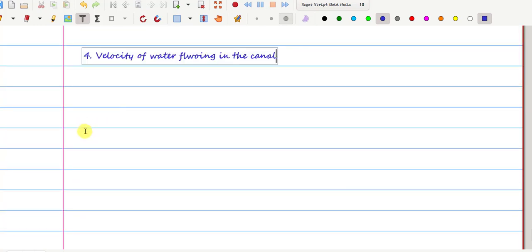And the other factor, number 4, it depends upon velocity of water. Velocity of water flowing in the canal. Got it? So these are the factors, and the fifth factor is type of seepage. What type of seepage is there?